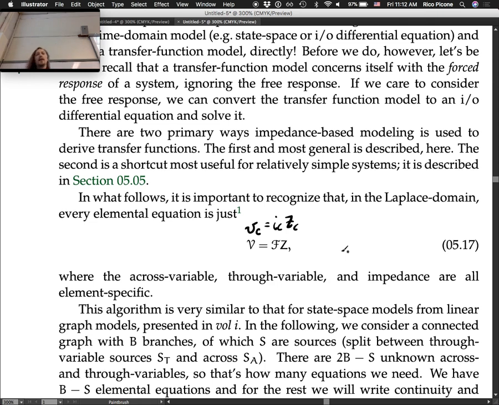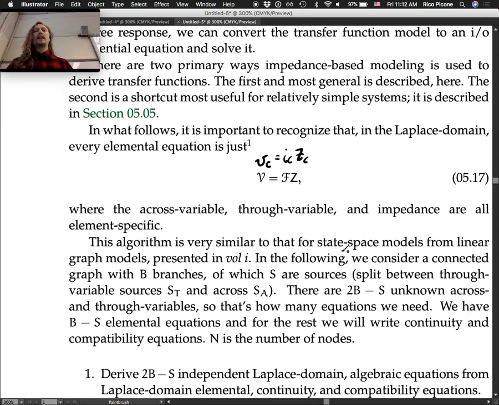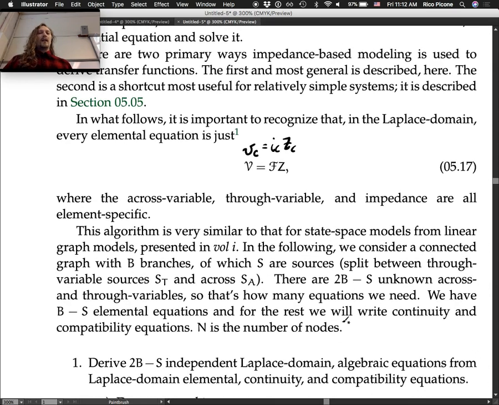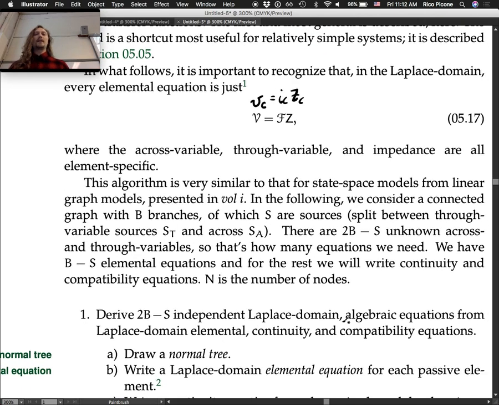So this algorithm that follows, and it is an algorithm, is very similar to that for state space models from linear graph models. Remember that, presented in volume 1. In the following, we consider a connected graph with B branches, of which S are sources, split between through variable sources, S_T, and across variable sources, S_A.